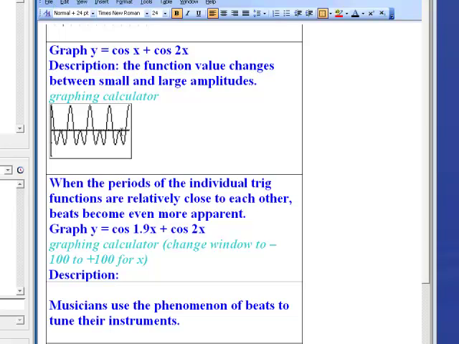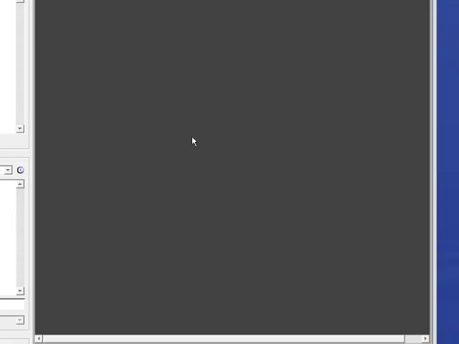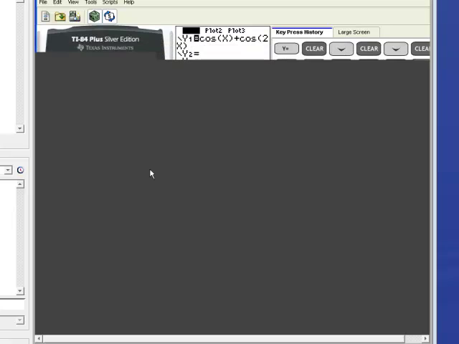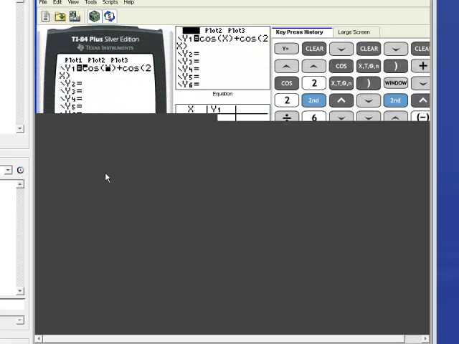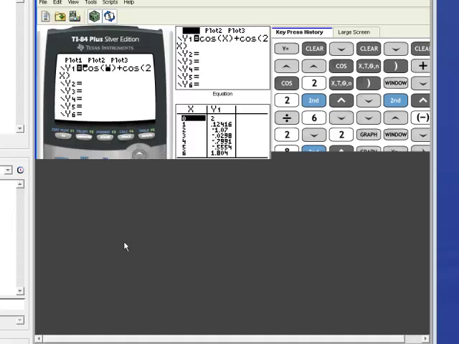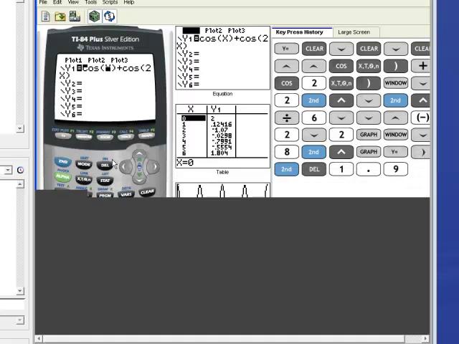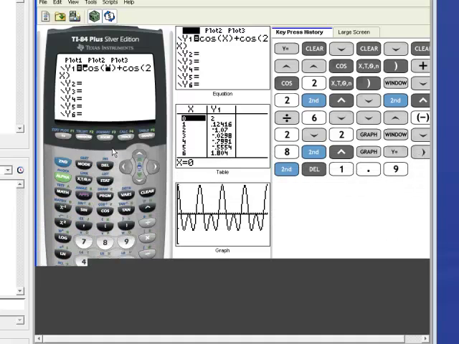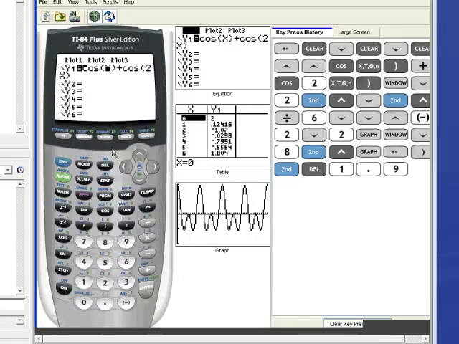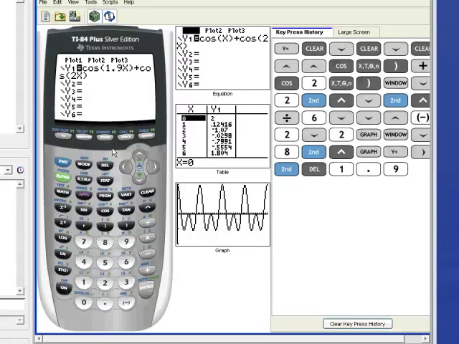So virtually the same kind of function. So I'm just going to get in here and insert a 1.9 as a coefficient. Of course, we're looking at coefficients of 1.9 and 2, which means we're looking at periods of pi and a tiny bit larger than pi.